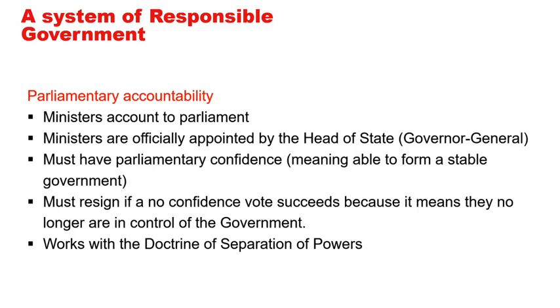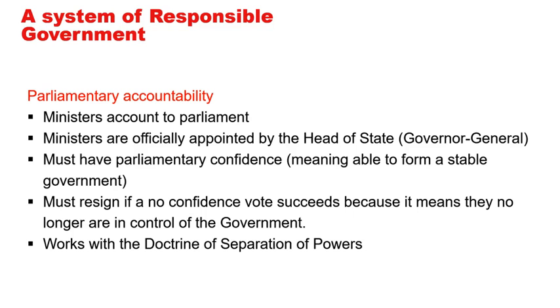Ministers account to the Parliament for their decisions and for the performance of their departments. This requirement to make announcements and to answer questions in Parliament means that ministers have to be members of either House of Parliament. Secondly, and most importantly, although ministers are officially appointed by the head of state and can theoretically be dismissed at leisure, they retain office subject to their holding the confidence of the lower house of Parliament.